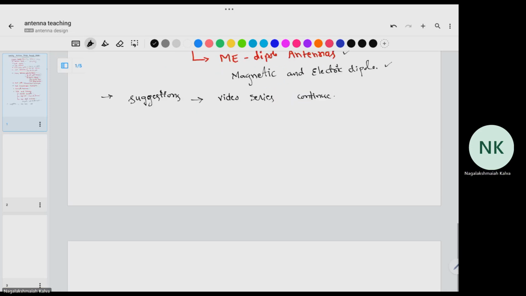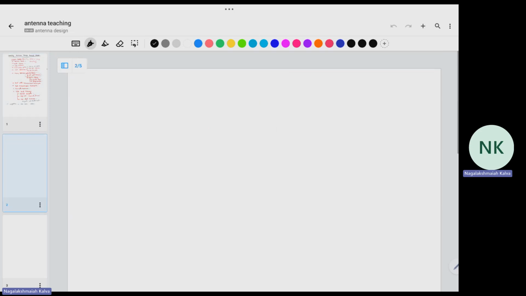So in the first part, we'll just discuss what is antenna, and this entire series is about antenna design only. So we'll try to find out what is this antenna. So antenna is nothing but a transducer.